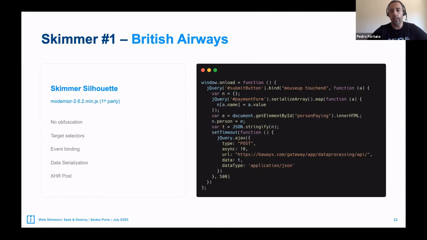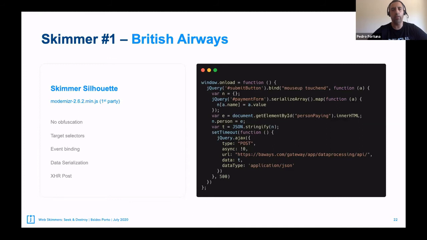I don't know if you know this, but this Magecart attack corresponded to the biggest GDPR fine in history. It was roughly 204 million euros. British Airways said that it ran for 15 days, but even that was controversial.